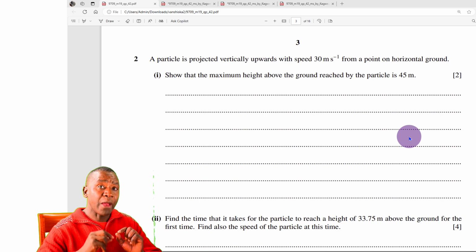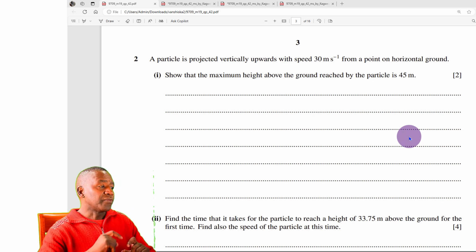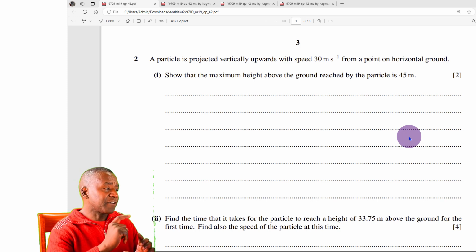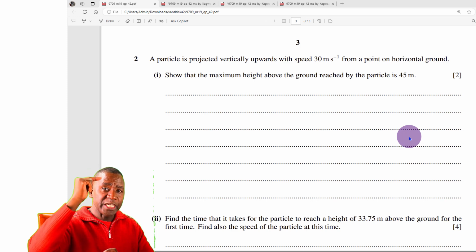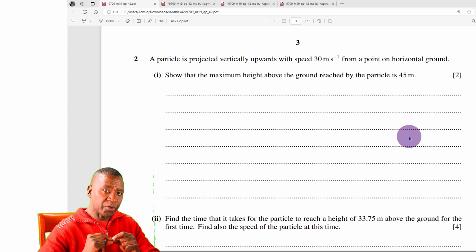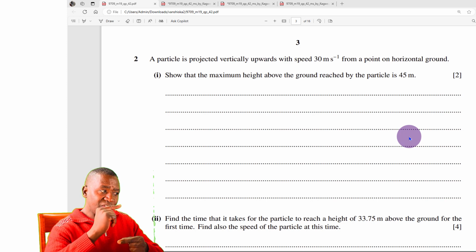The other thing I want you to realize is this. This object has been projected vertically upwards with a speed of 30 meters per second. It will rise to maximum height where its velocity is 0 and then fall back to its point of projection. When it comes back to its point of projection, the speed will be the same as the speed with which it was projected vertically upwards.